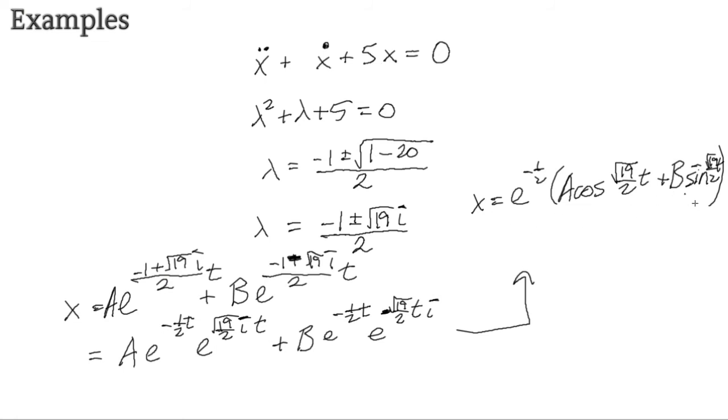And it turns out that this works as a general solution from this whole mess. You are only required to know in a general form that the solution is e to the real part, multiplied by A cos of the imaginary part times t, plus B sine of the imaginary part times t.